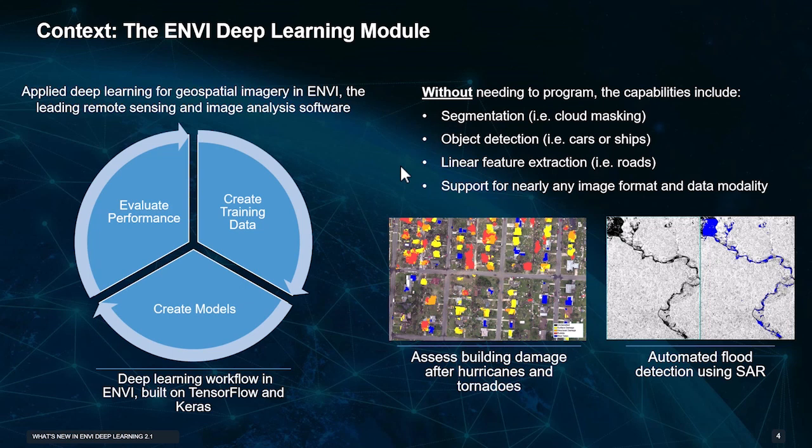And our focus is really built around not forcing you to program so that you can click buttons. You don't need to be an expert at Python or deep learning and hyperparameters or even have to know what those are in order to use the tool sets. You can see some of the features on the right here that you can use the deep learning module for. We're not going to go into all those details here, but you can check out some of our other webinars and presentations for more information.